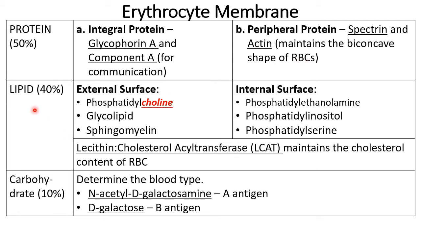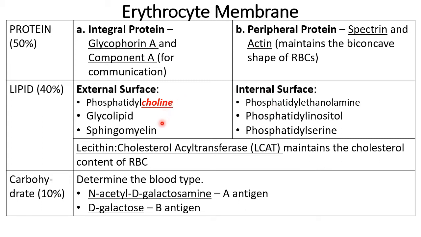Lipid content naman, pwede mo sila i-classify according to their location. Sa external surface, meron tayong phosphatidylcholine, glycolipid, and sphingomyelin. Sa loob naman, phosphatidyl ethanolamine, inositol, and serine. Ang basic rule lang dyan, lahat ng phosphatidyls nasa loob ng RBC membrane or nasa internal surface except the phosphatidylcholine.